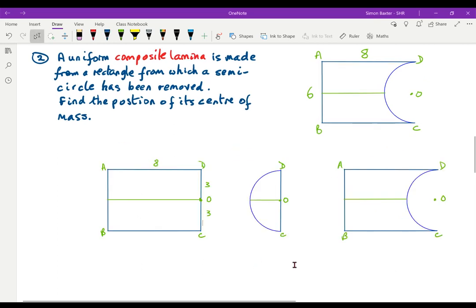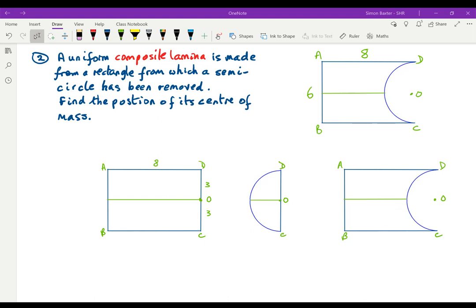Once again, we draw separate figures. We draw the rectangle, we draw the semicircle, and we draw the composite figure. Now you could think of this figure plus the semicircle being the rectangle, but I think it's easier in this case to think of the rectangle, take away the semicircle, and give us the composite figure.